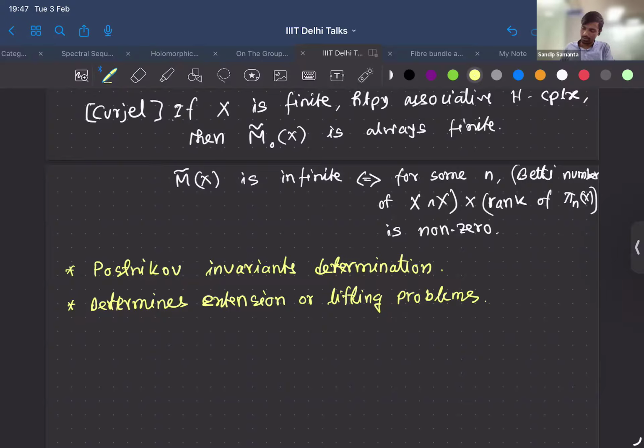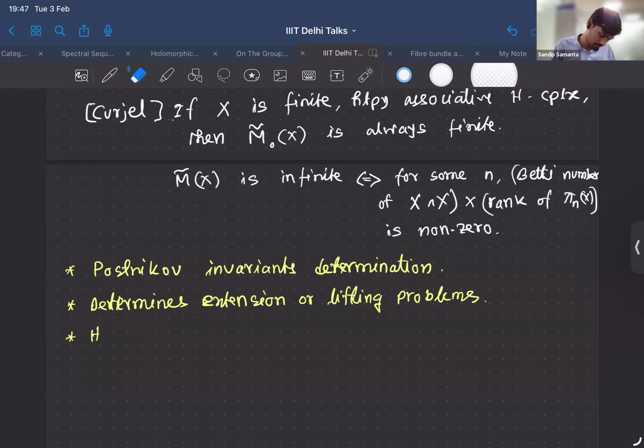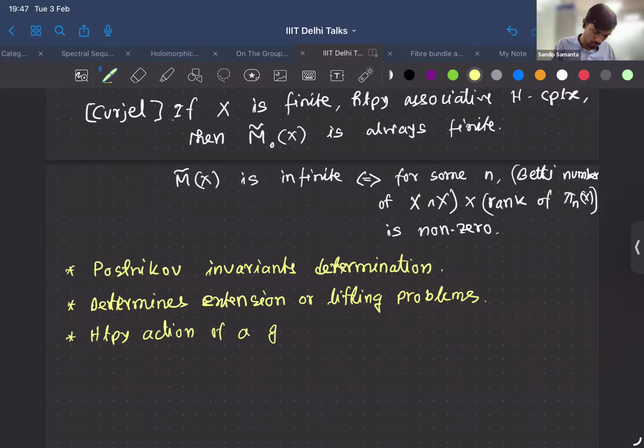And also there is homotopy action of a group on space.